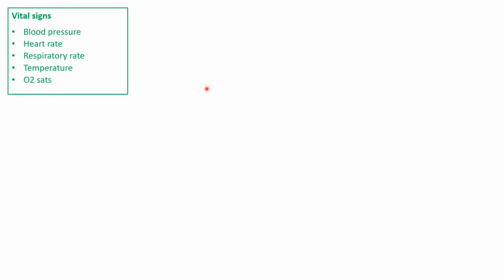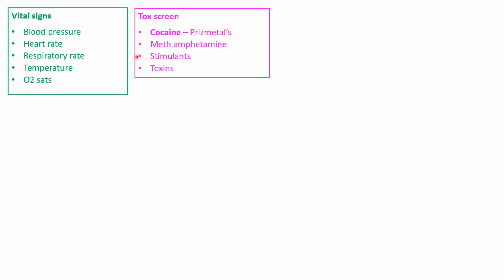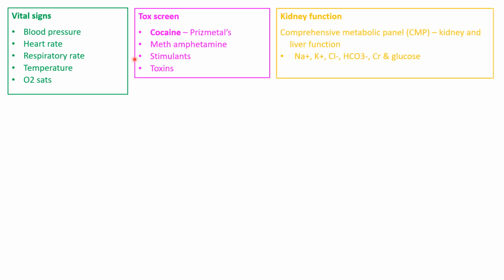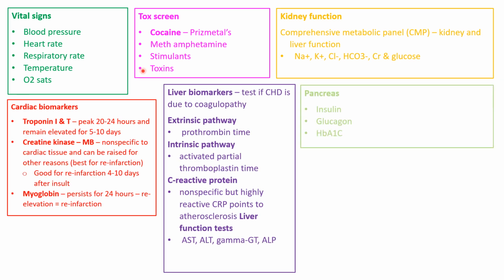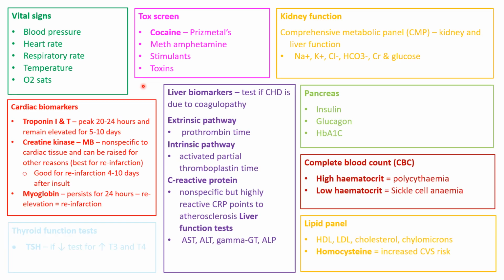Okay, so this is some other investigations you might consider. So we've got vital signs, blood pressure, very important, heart rate, could be elevated, a toxicology screen. And this slide's really for your own reference.